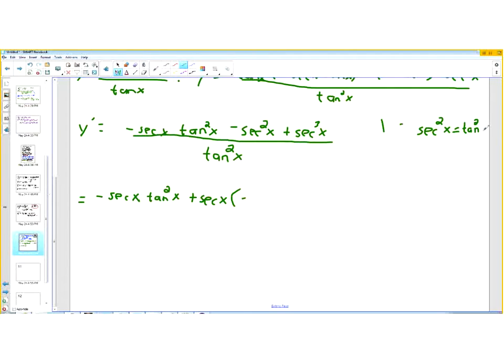Is that right? Let's see, this would be 1 over cosine squared, 1 minus 1 over cosine squared.